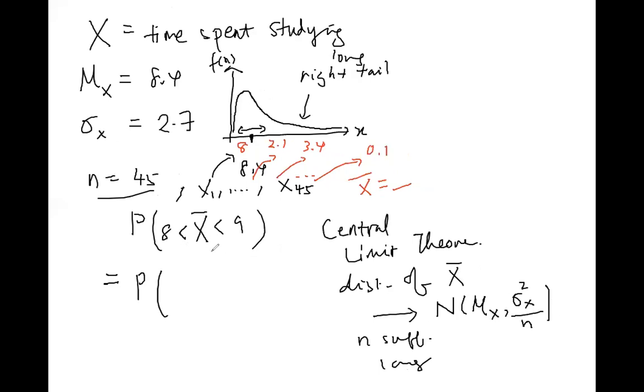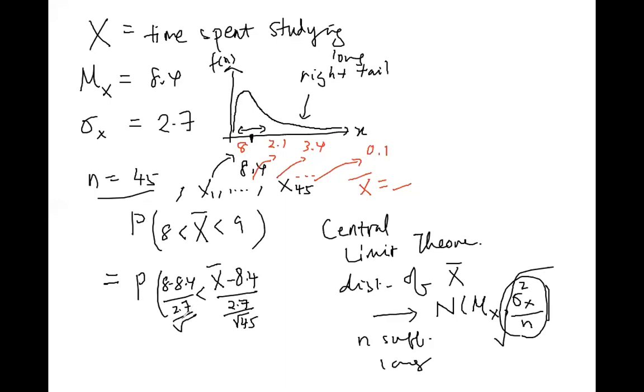So suppose n here is sufficiently large. You could subtract the mean and divide by 2.7 over the square root of 45. Then you do the same on the right hand side: 9 minus 8.4 over 2.7 over square root of 45.